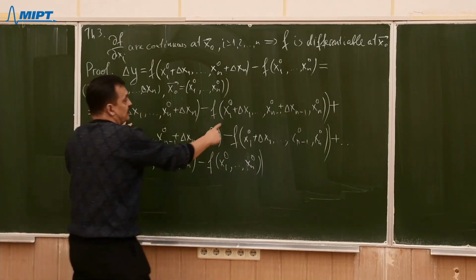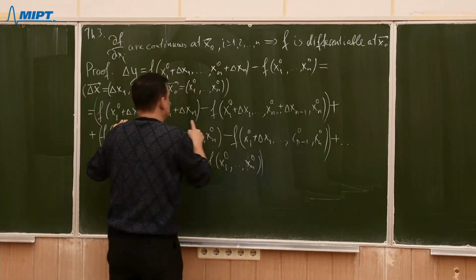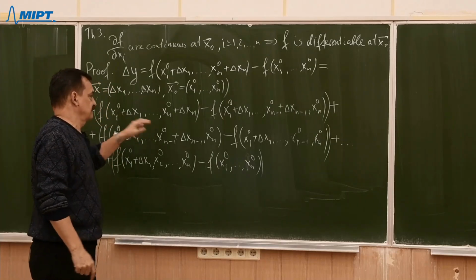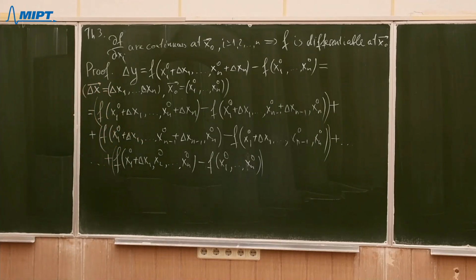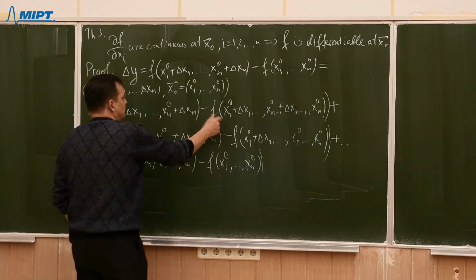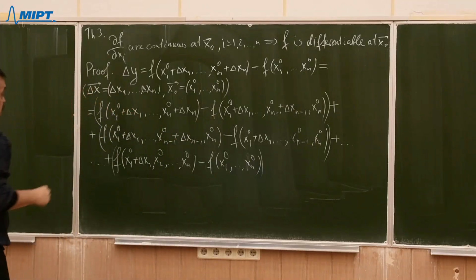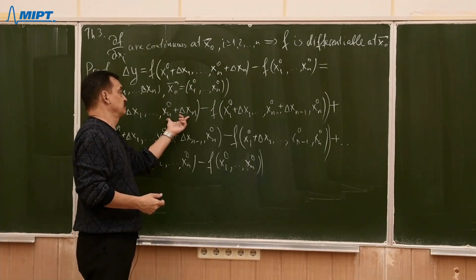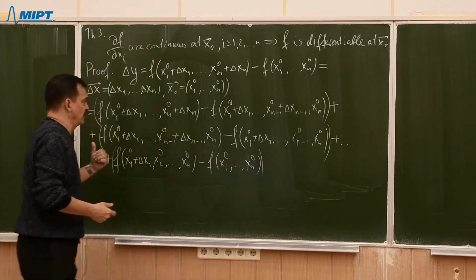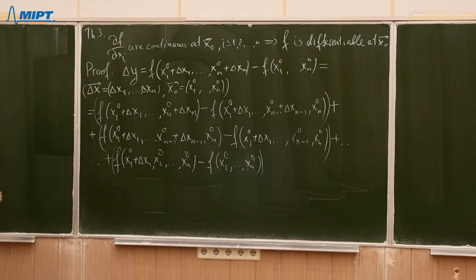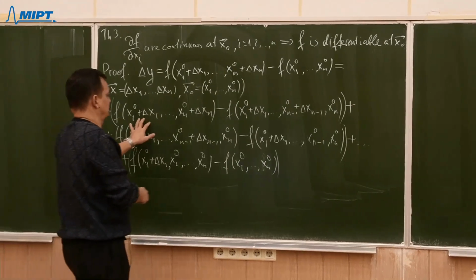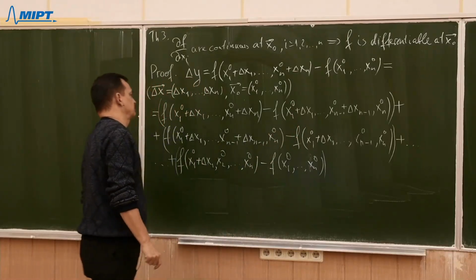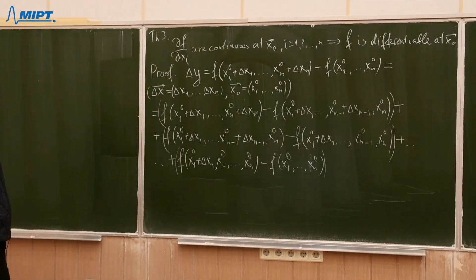All variables except for the very last are fixed. Hence, we have a difference of the function of one variable. This function, I don't want to introduce new notation. So this is similar to phi n minus 1, which was considered last time, but now it's slightly different because, see, here also variables are different.